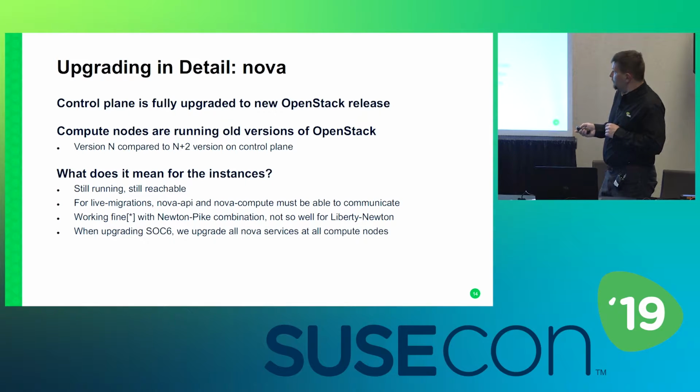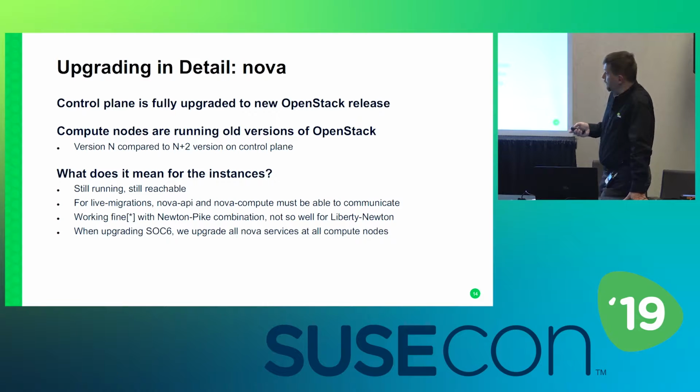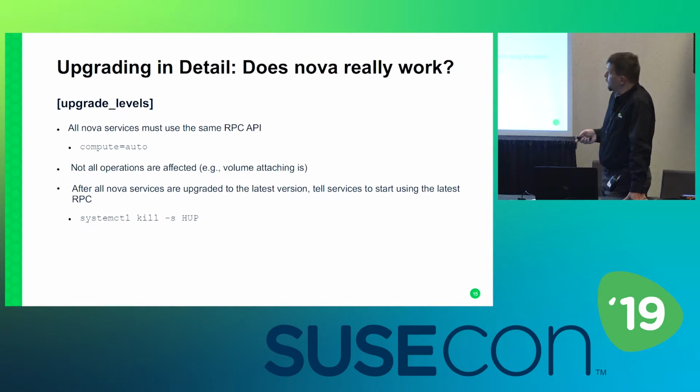Now, does it really work? When I said it does work fine when going from Newton to Pike, well, it does, but we have to make sure we pin the RPC API version correctly. There is a specific option in Nova configuration called upgrade_levels, and if we set the compute value to auto, that means that the RPC versions used for communication are set to the lowest version that is available for existing Nova services that are written in the database.